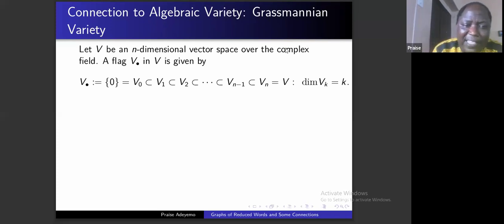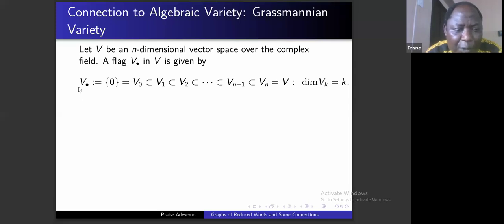What is a flag? A flag is a chain of subspaces ordered by inclusion, such that the dimension of the k-th step is k. This is a complete flag, because it contains all the dimensions: dimension 0, dimension 1, dimension 2, up to dimension n, where dimension n is the vector space itself.